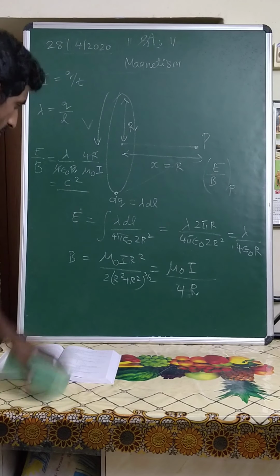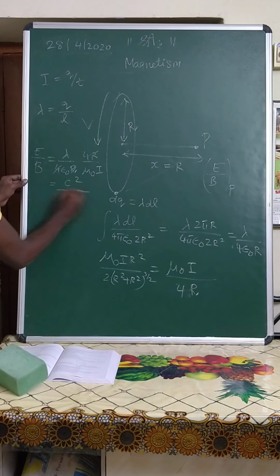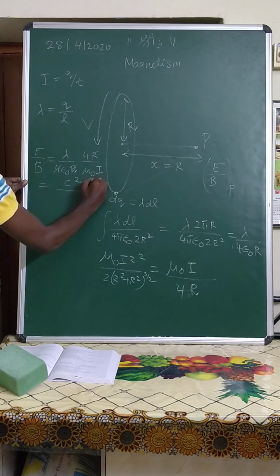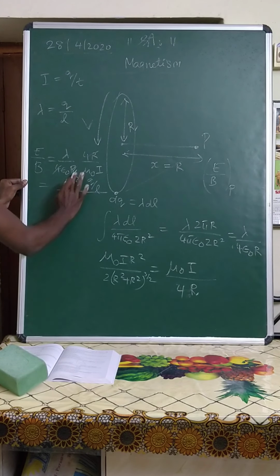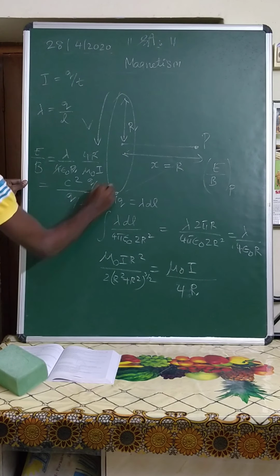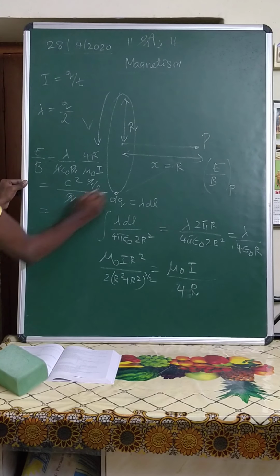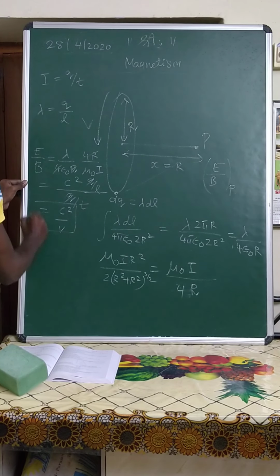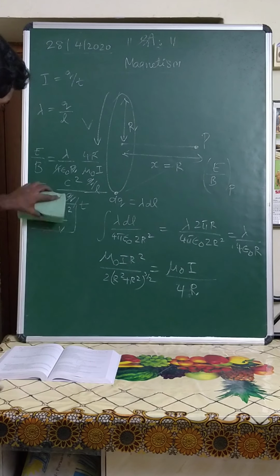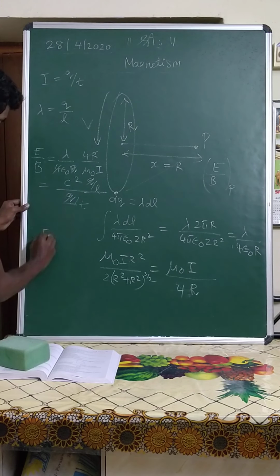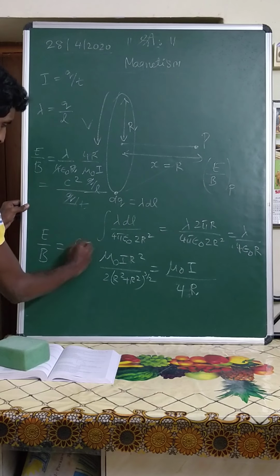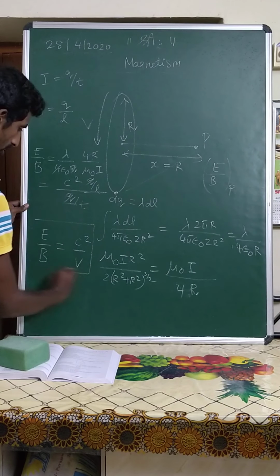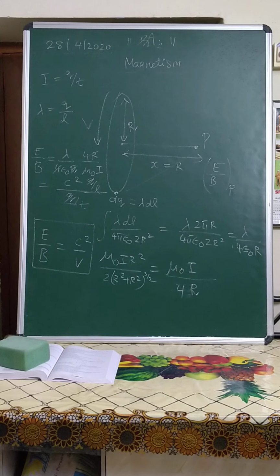So q will be cancelled, and finally it will be T by L, so E by B is c square by v. So option A is right for this question.